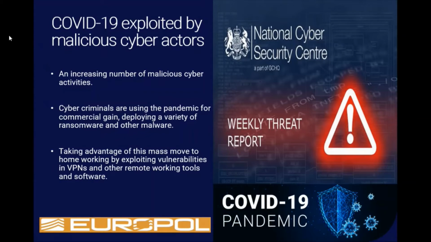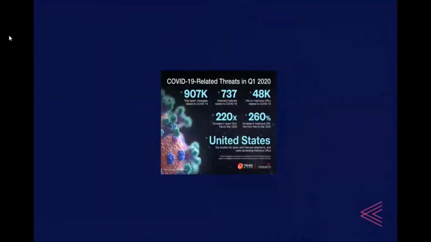They are targeting, as I said, individuals, small organizations, and big organizations as well, by spreading phishing emails with COVID-19 related information that leads people to click on phishing emails and then deploy those malicious payloads as well.